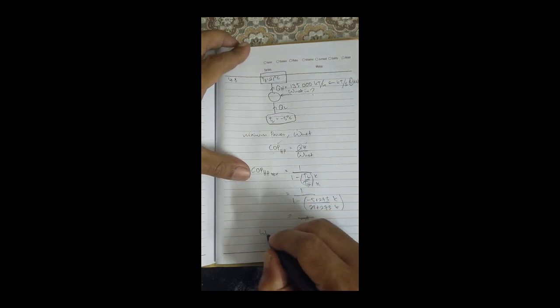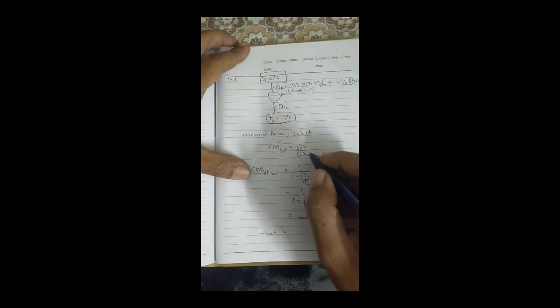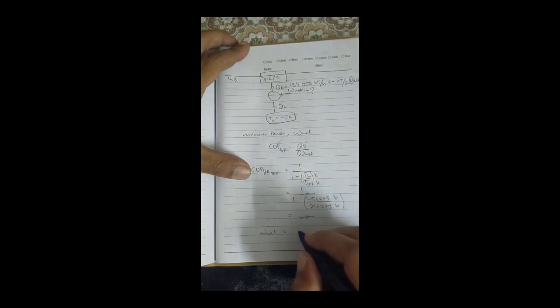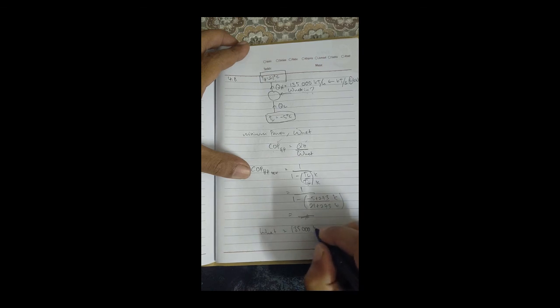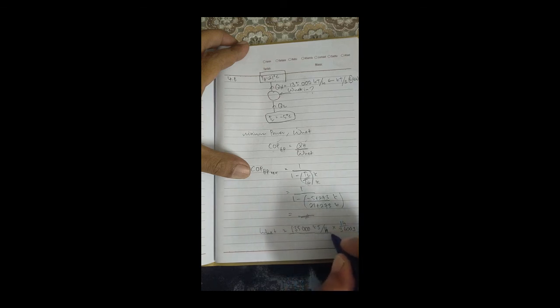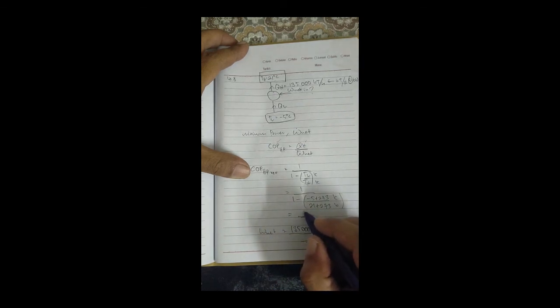So you got your work net is Q hot, so 135,000 kilojoule per hour, times 1 hour over 3600 seconds, in order to get kilowatt, divided by this value of COP.